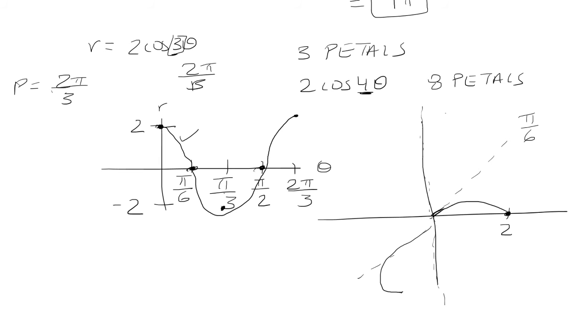And then from pi over 3 to pi over 2, this region right here would correspond to this region because it's negative. R is getting smaller, so you'd have something like that. From pi over 3 to pi over 2, okay, that's finished.